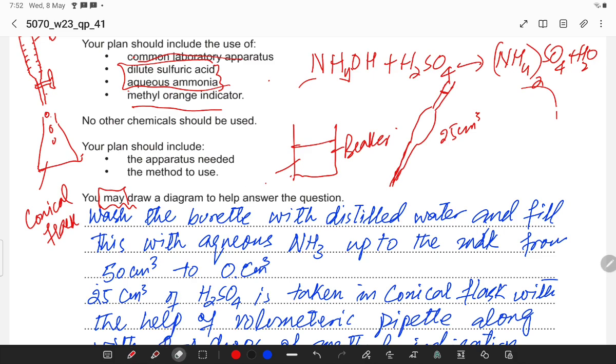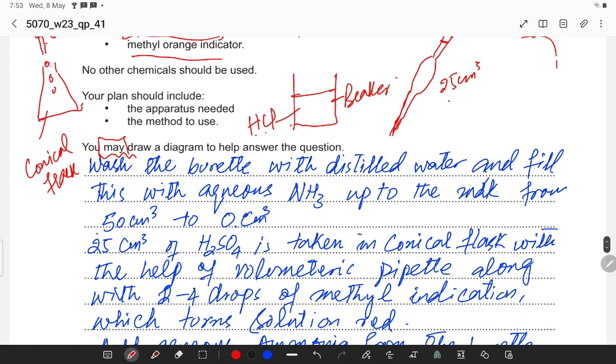I am using HCl in beaker, which is 25 centimeter cube of HCl taken with the help of pipette and in the conical flask along with the indicator methyl orange, which is red in acid and yellow afterwards when neutralization occurs.